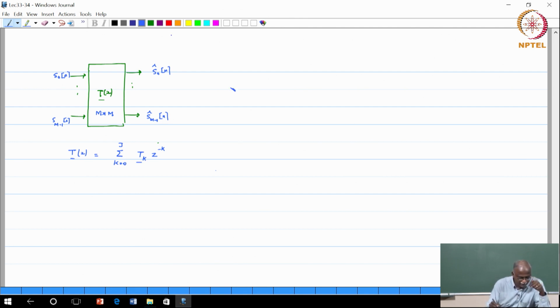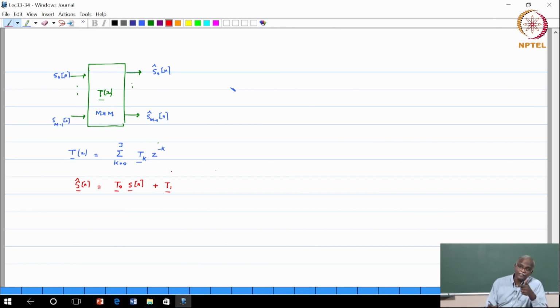So in this sense, why is this an important way to represent it? Because I can now write S hat of n as a convolution. Very important that you now visualize this convolution. It is T naught, a matrix, times S of n, the input at this time instant, plus T subscript 1, that is all the powers of Z inverse that have been combined.